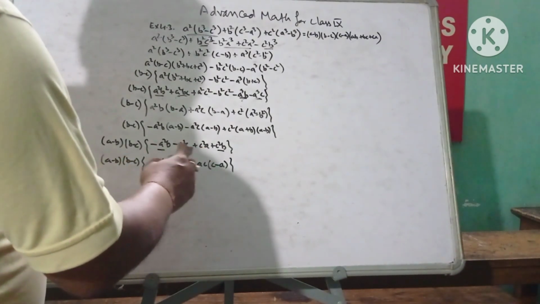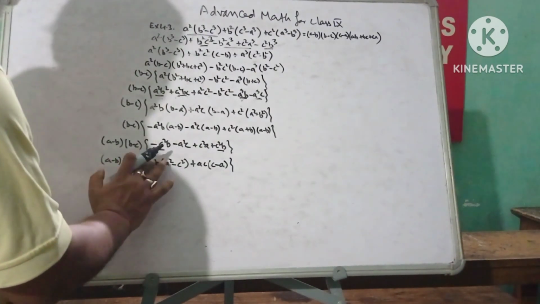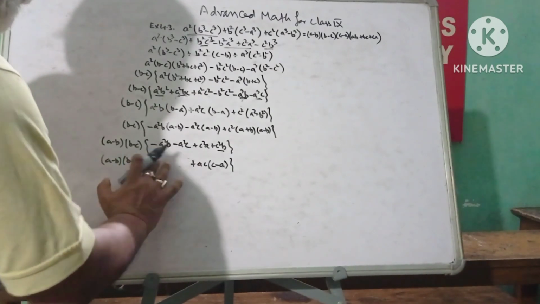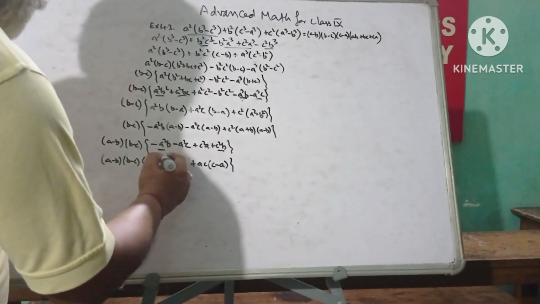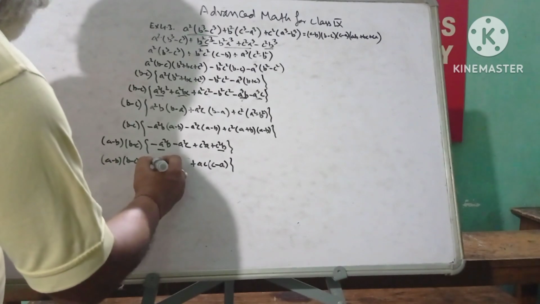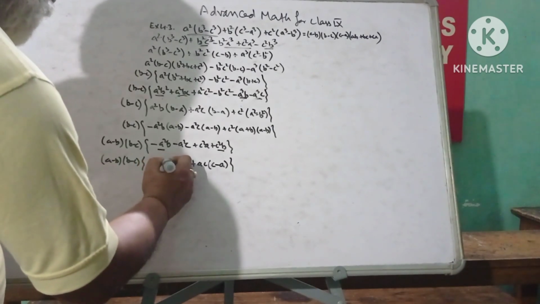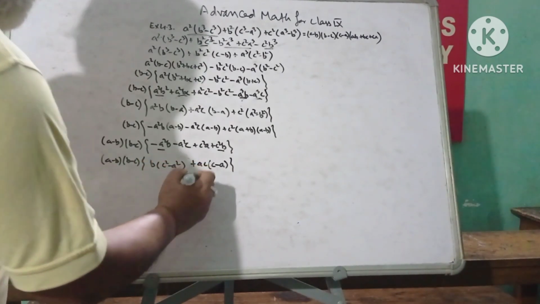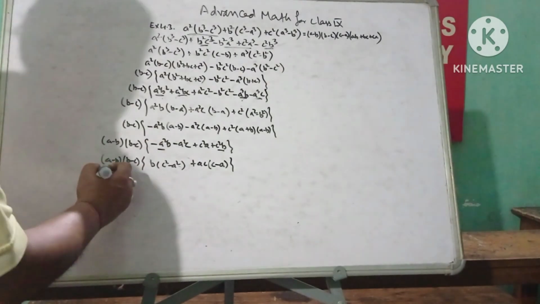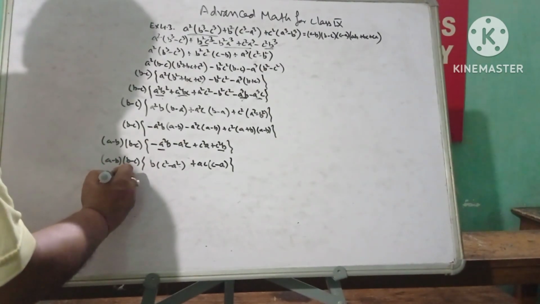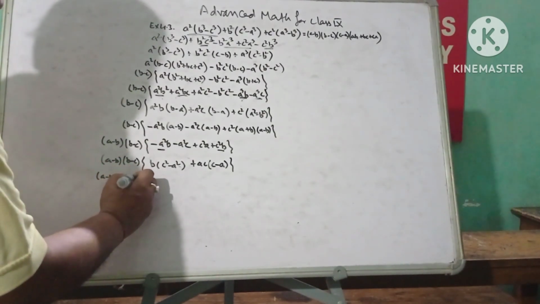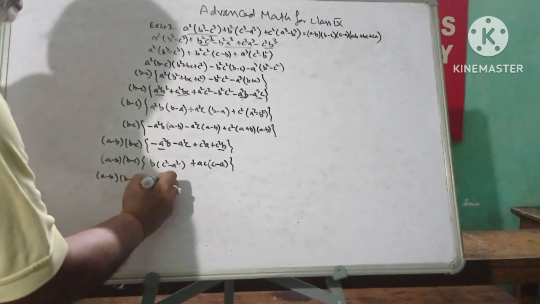I have taken care of these two, so let me take instead of this, c minus a, b common, so this will be c square minus a square. Now I am going to take c minus a common, a minus b, b minus c, and then c minus a common.